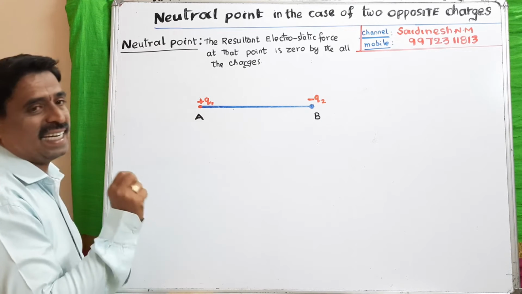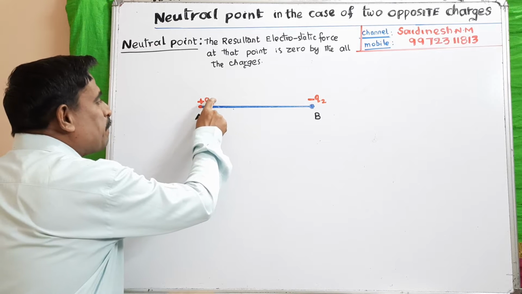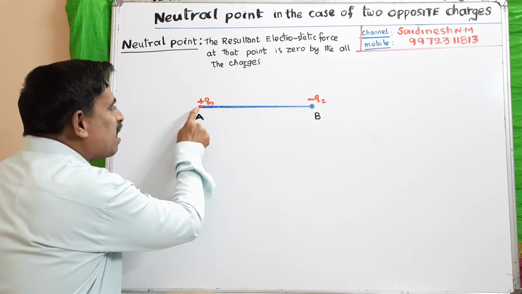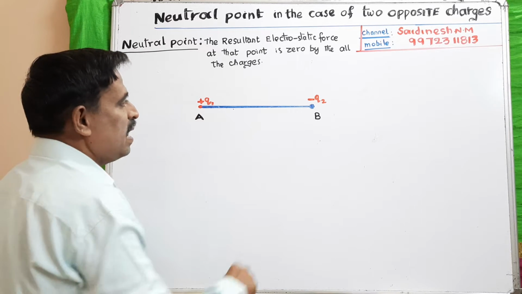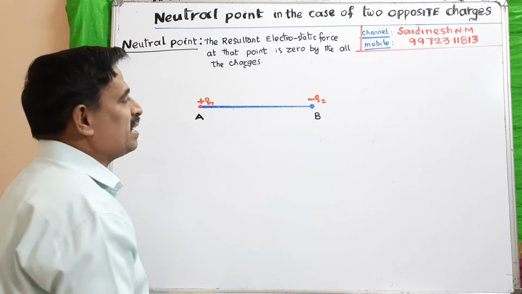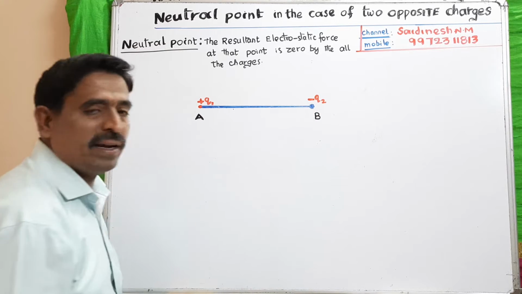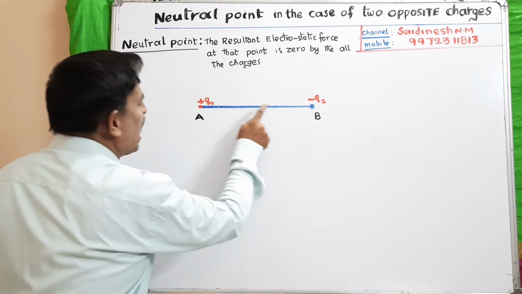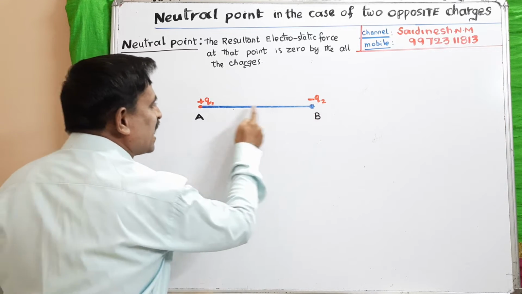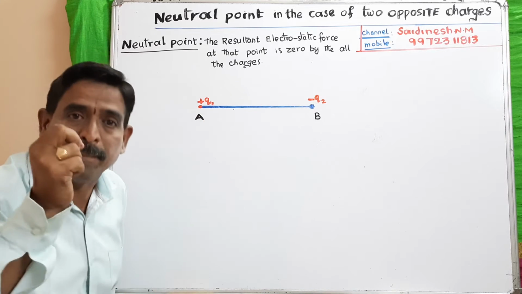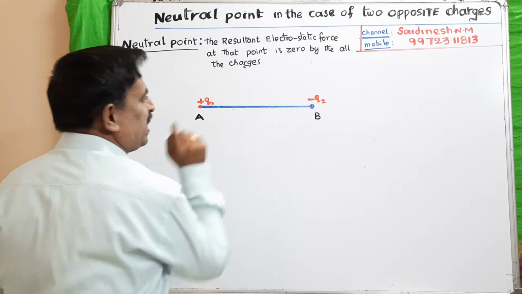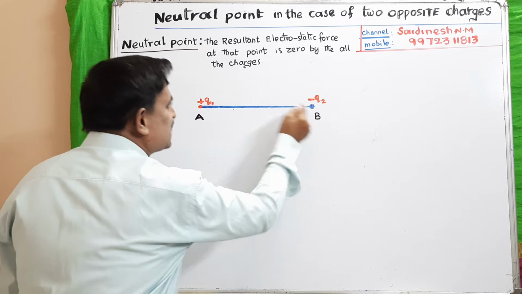Let us consider Q1 represents the positive point charge placed at the point A. Q2 represents the negative point charge placed at the point B. Q1 and Q2, these two point charges are separated by some distance, maybe 100 centimeter, maybe 80 centimeter, maybe 20 centimeter.